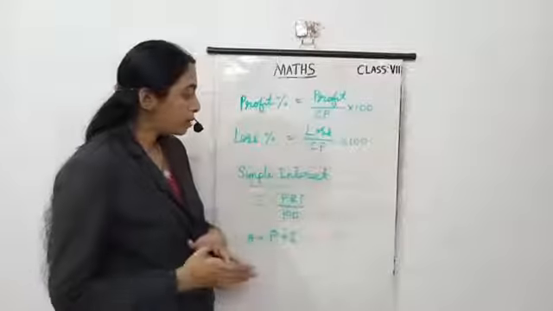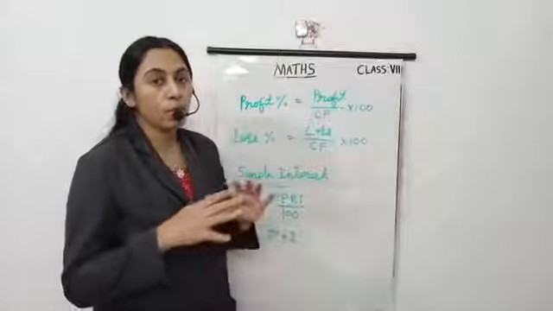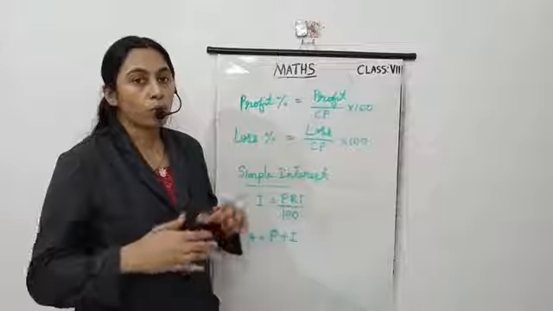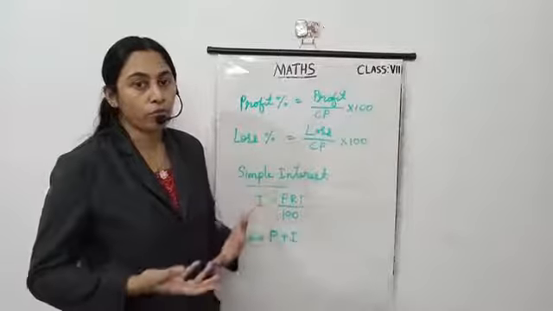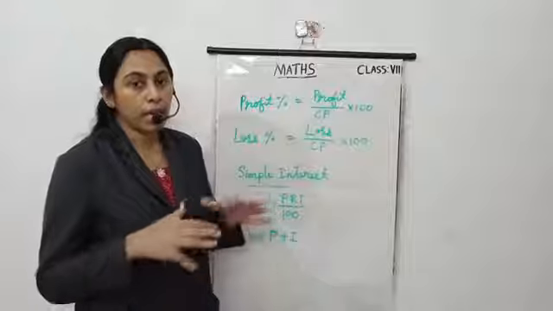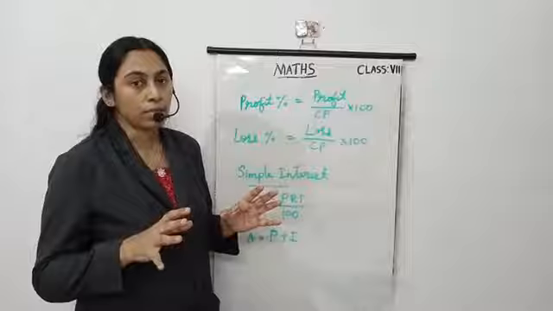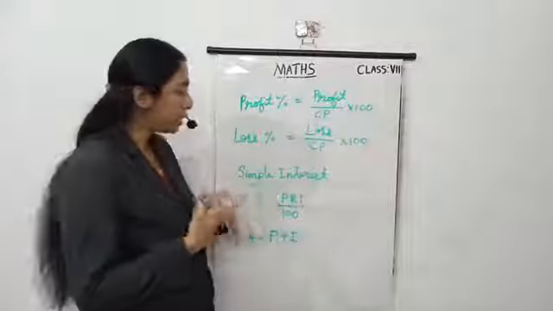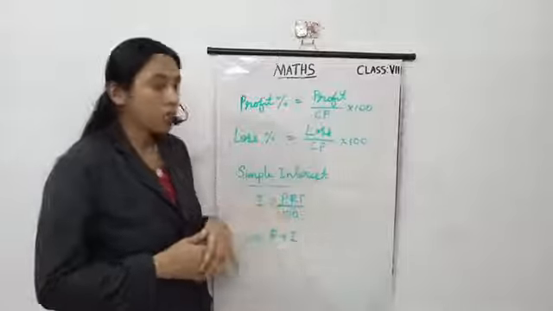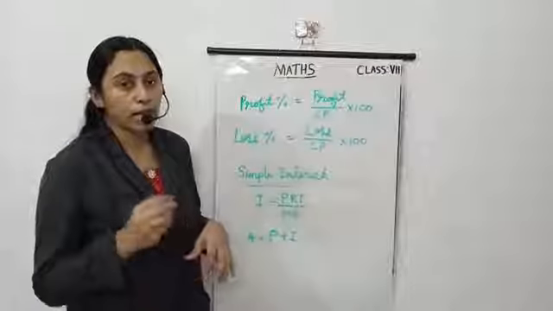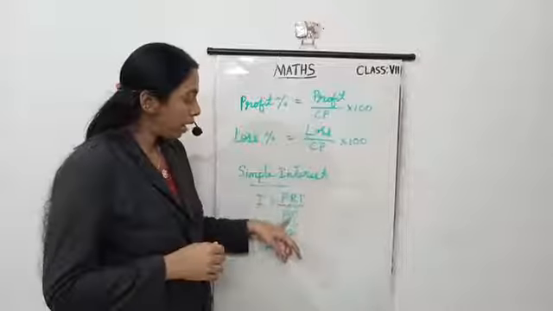Simple interest means that the principal amount is not changed all through the period. For 1 year, for 2 years, for 5 years, any time period, the principal amount is the same, not changed. That type of interest is simple interest, and we have one formula for calculating it: I equals PRT by 100.